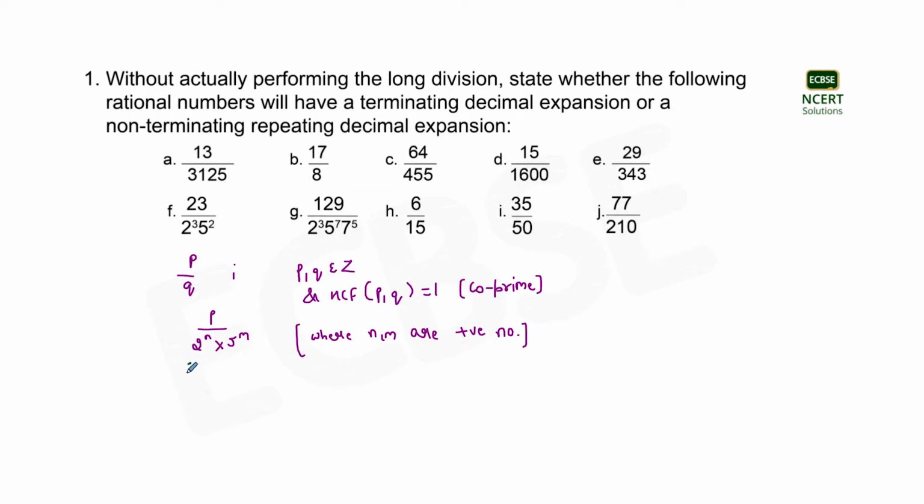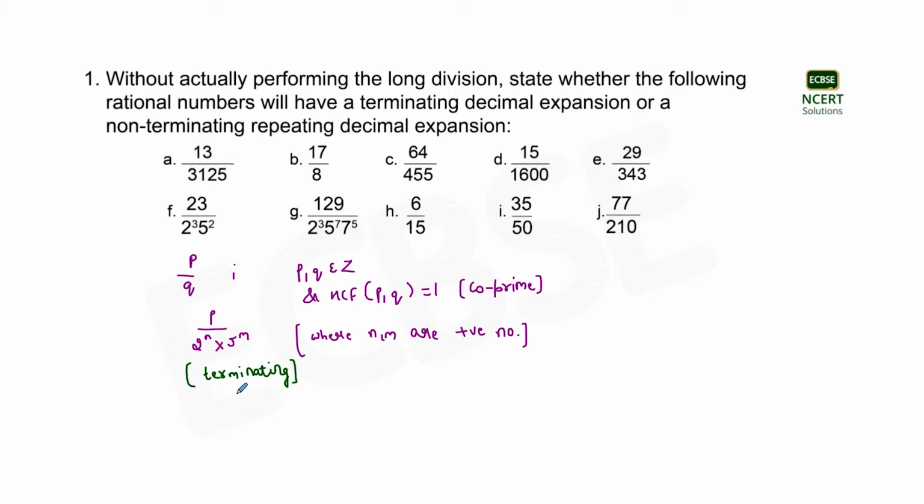So here we are specifying the condition for a number to have a terminating decimal expansion. If we are able to write the denominator in the form of 2 raised to power n into 5 raised to power m, then that number will definitely have its decimal expansion to be terminating.